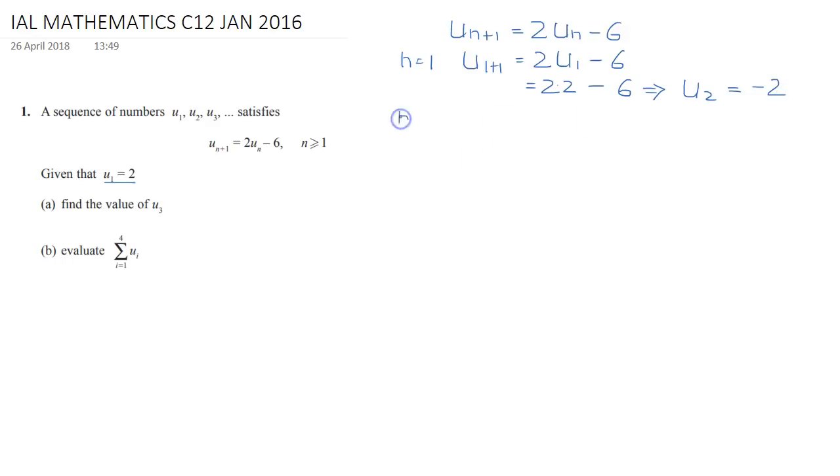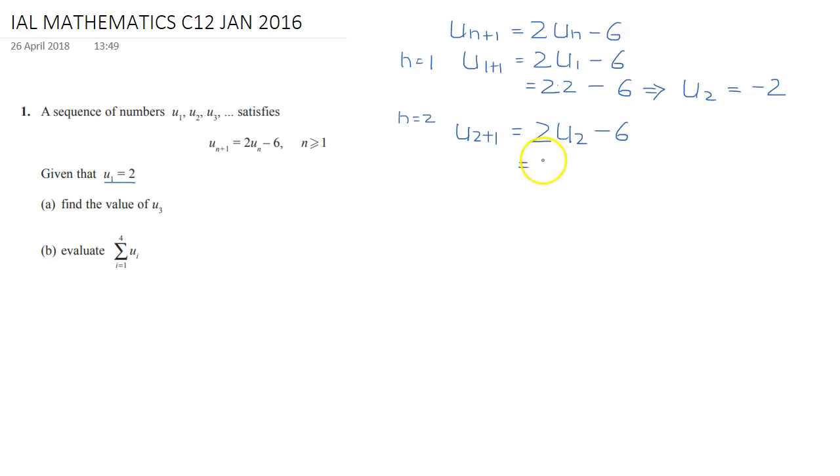Now if I put n is equal to 2 in this equation, that is u(2+1) is equal to 2 u2 minus 6.